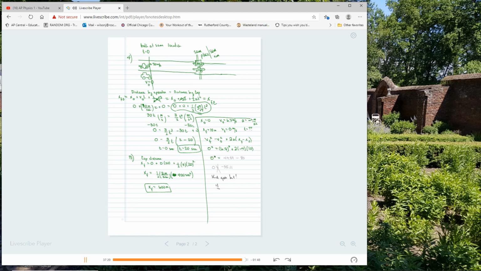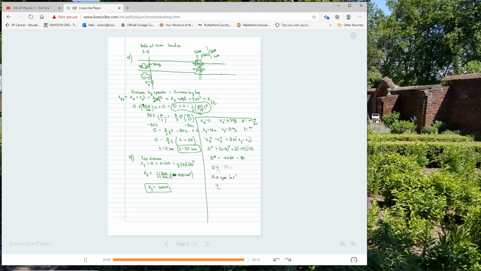I only get up to about 40s on those. 44.89. This would be negative 8 times 10, which is negative 80. That can't be right. Would it be positive? No, it'd be negative because we're slowing down.